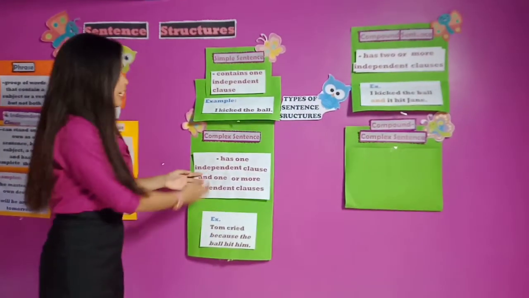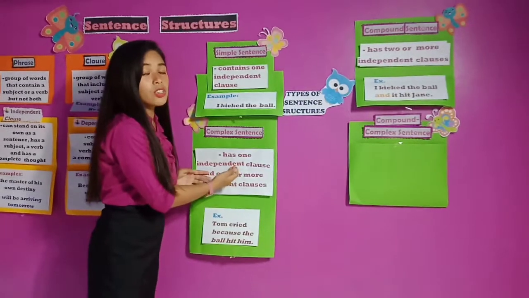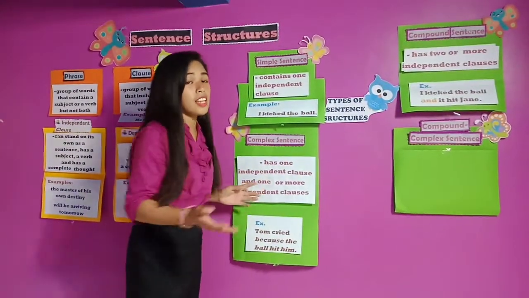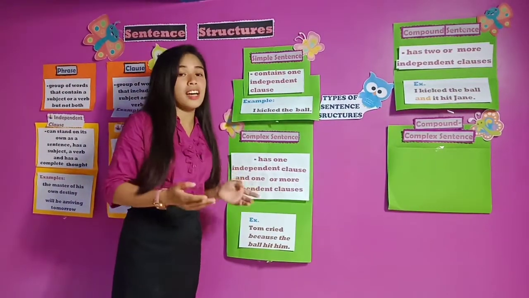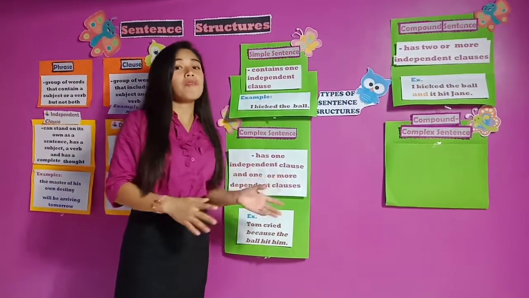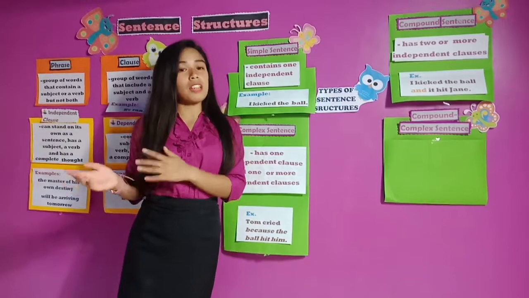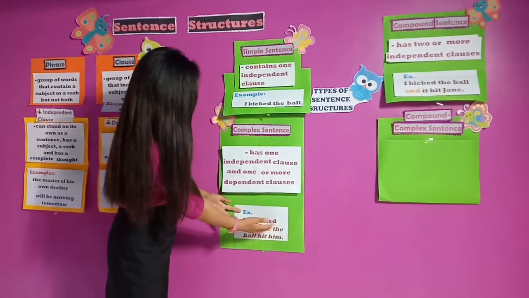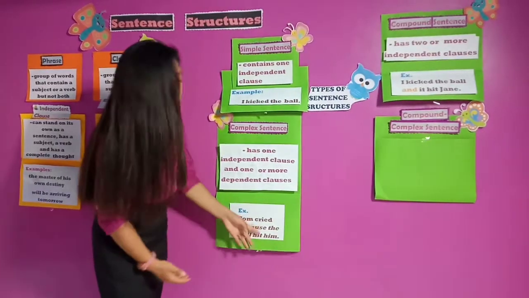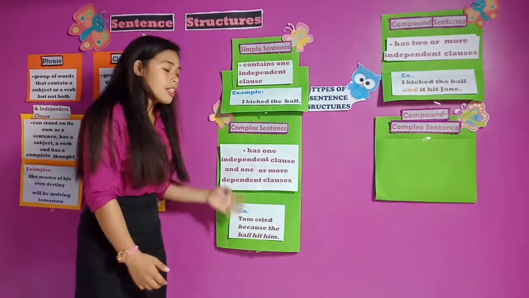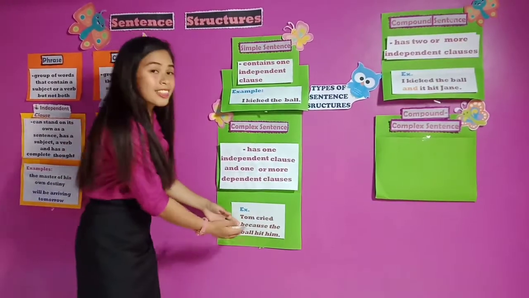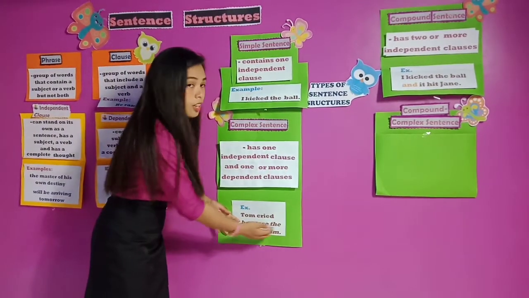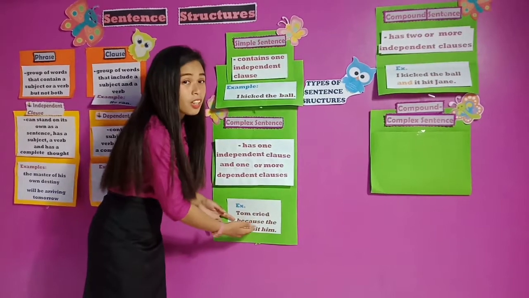The independent clause can stand on its own, while the dependent clauses cannot stand on their own and do not have a complete thought, as we have discussed earlier about the types of clauses. For example, Tom cried because the ball hit him. We can see in this example that the italicized words are the dependent clause, which is the subordinating clause.